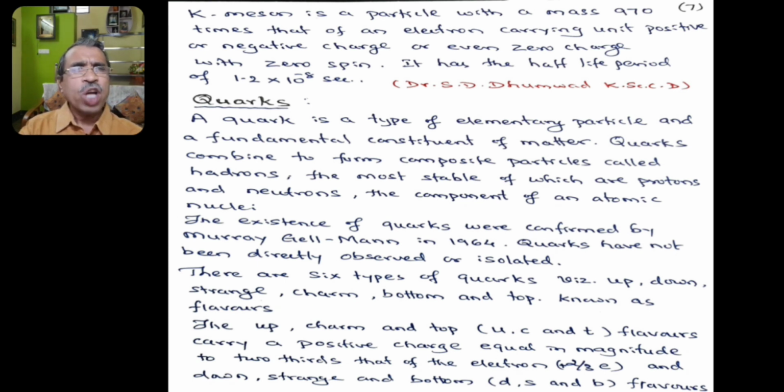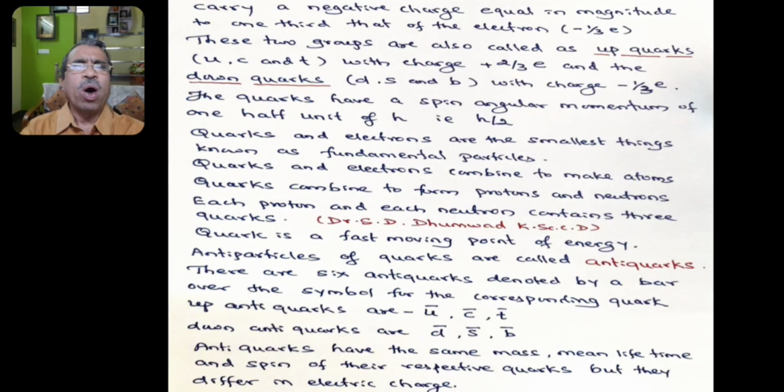The up, charm, and top flavors carry a positive charge equal in magnitude to 2/3 that of the electron, that is 2/3 e. The down, strange, and bottom flavors carry a negative charge equal in magnitude to 1/3 that of the electron, that is minus 1/3 e.